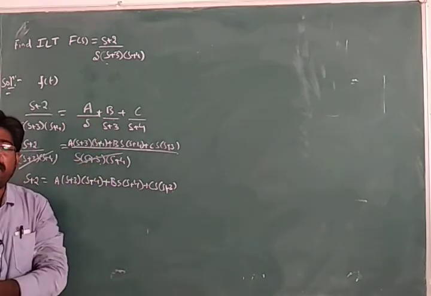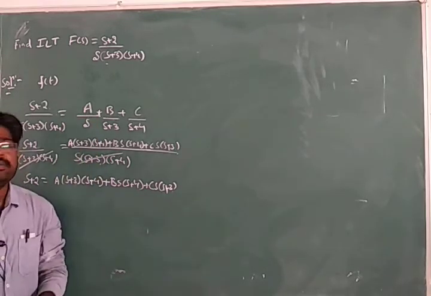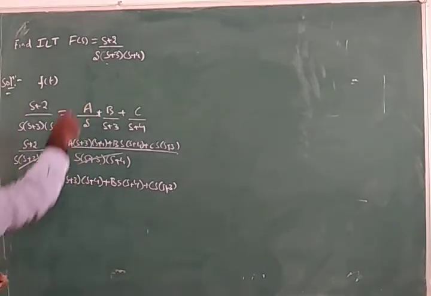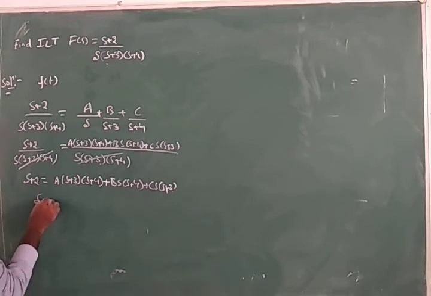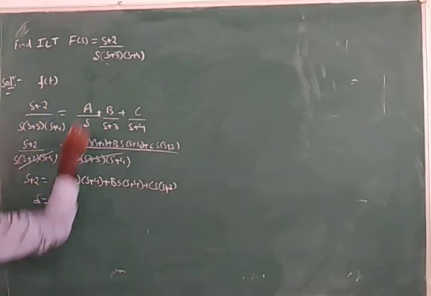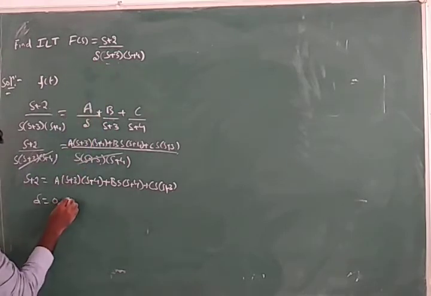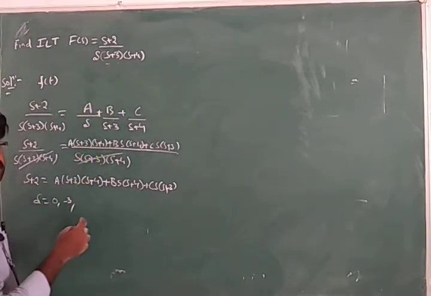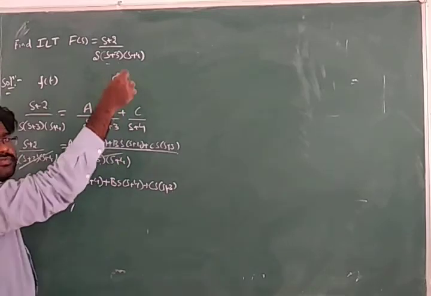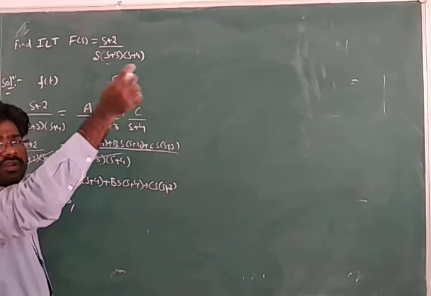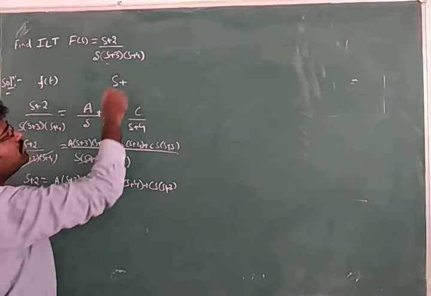Now we have to select the roots. We have to select the values for the roots from the given equation only. Here, what is the value of s? What are the different roots of s? s is equal to 0. s plus 3 means s is minus 3. s plus 4 means s is equal to minus 4. We have to compare the given factors with 0, and with the help of that we will find the roots.